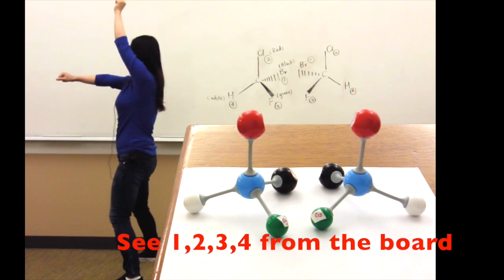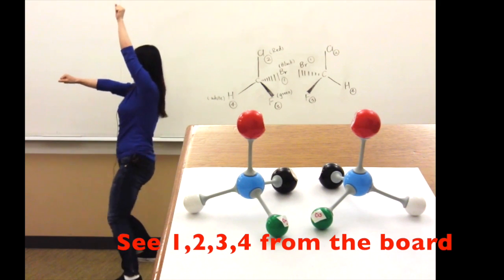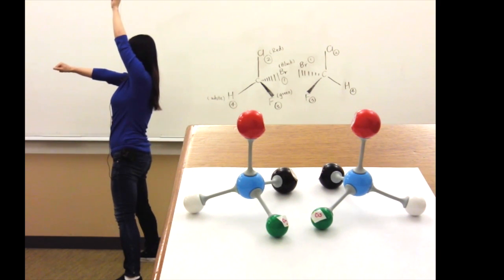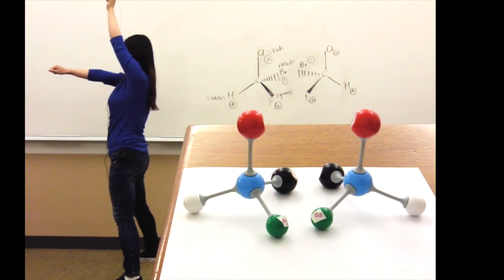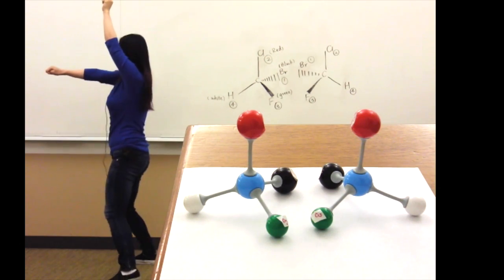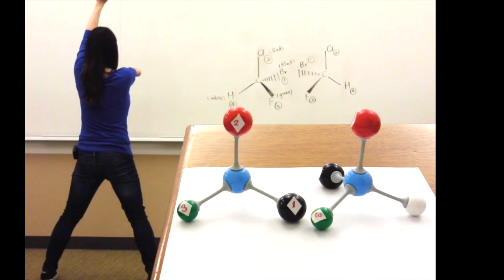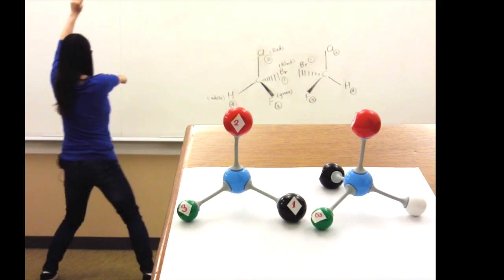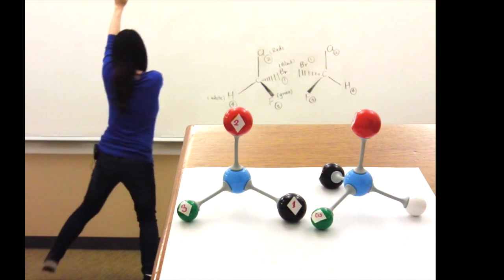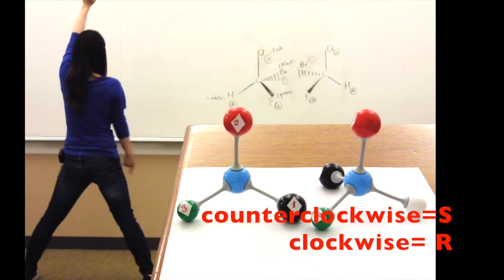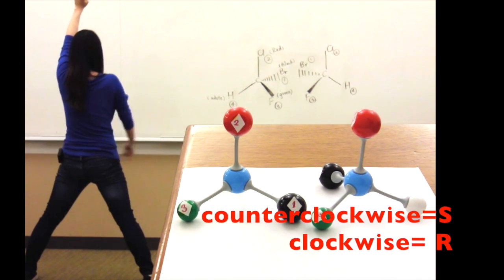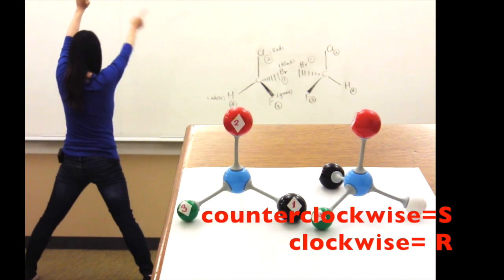It's 1, 2, and 3. Right now, my functional group number 4 is already pointing away from my eye. You do not have to turn, but in order to show you, I'm going to turn this way. Let's feel it together again. It's 1, 2, and 3. Since my 1, 2, 3 goes in this direction, it is counterclockwise, so it is S.